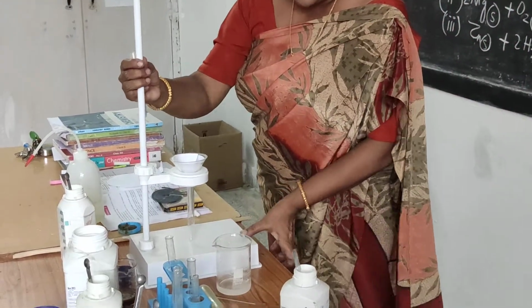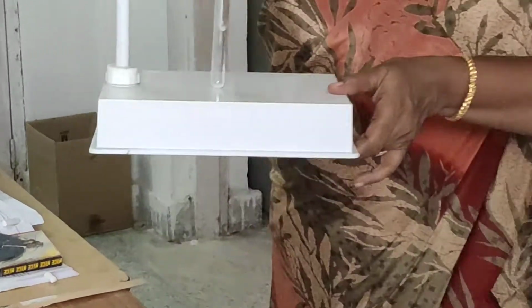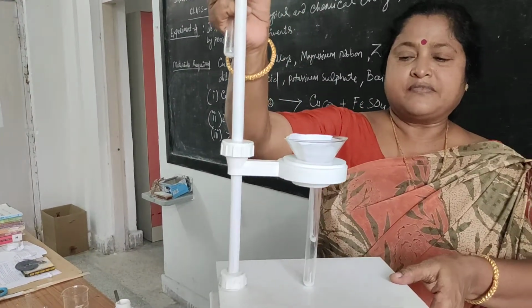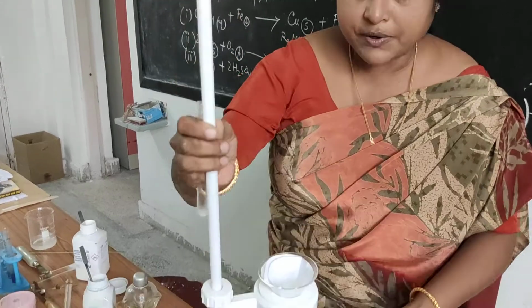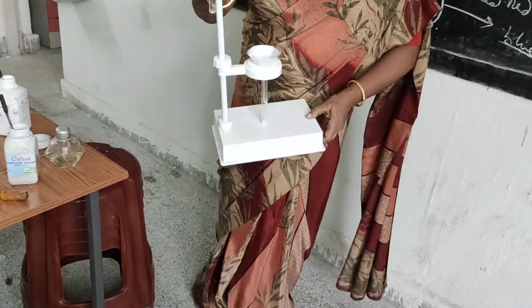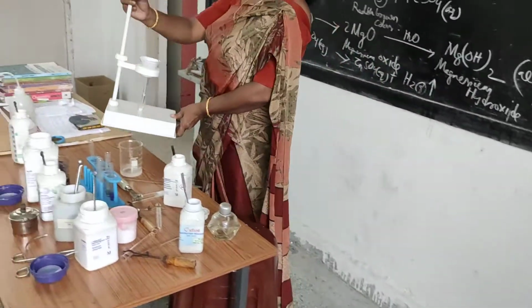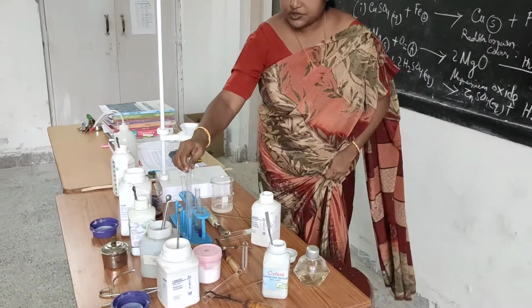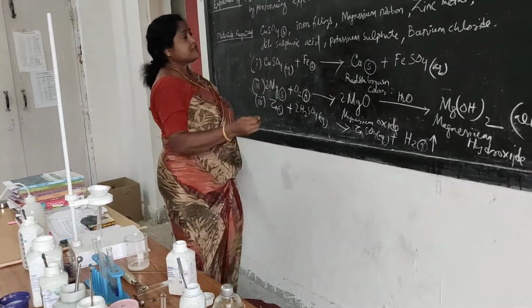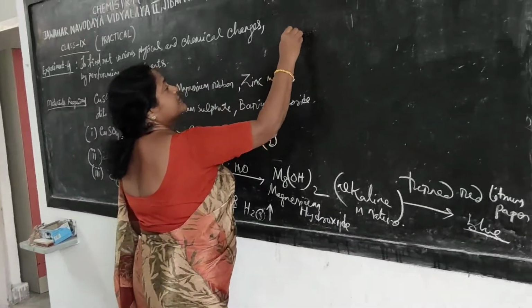I am doing this filtration with the help of a filter stand. And what is happening? The barium chloride solution and the sodium sulfate solution got reacted. Let us write the fourth experiment and I will wind up with this.